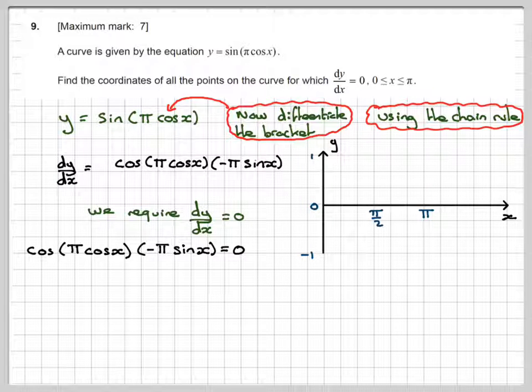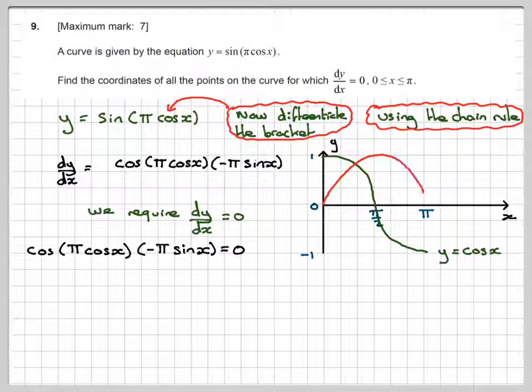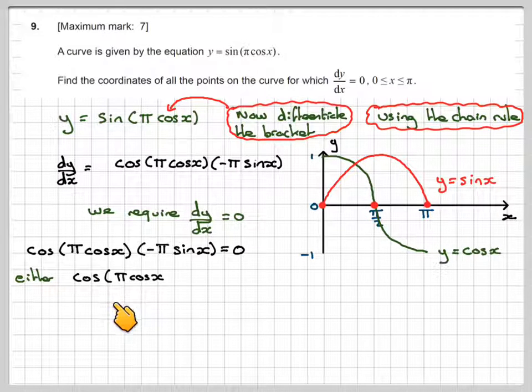Right, if we draw the graph of sine and cos x between 0 and pi, that might help us. So there's a graph of cos, you should know these, and that's the graph of sine. We're interested where these are equal to 0. So if this is equal to 0, either cos pi cos x is equal to 0. So we want this bit in the bracket to be equal to pi by 2, or it can be equal to minus pi by 2 as well if you extend it backwards.